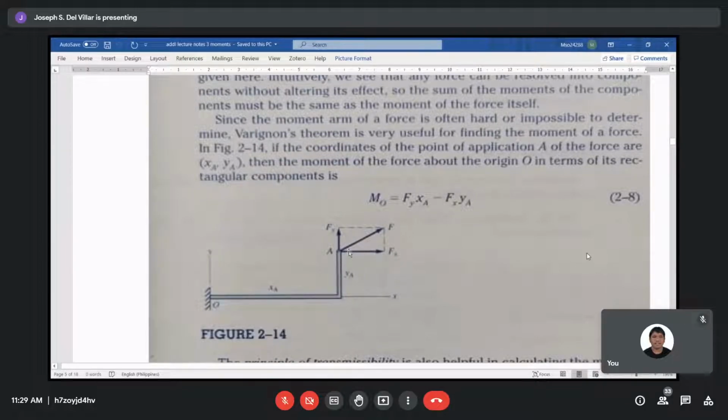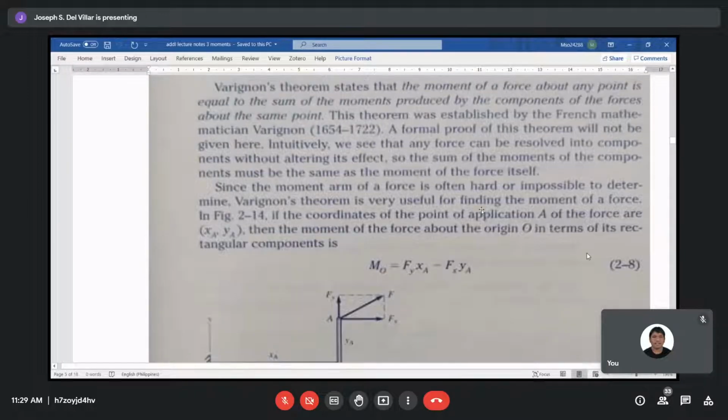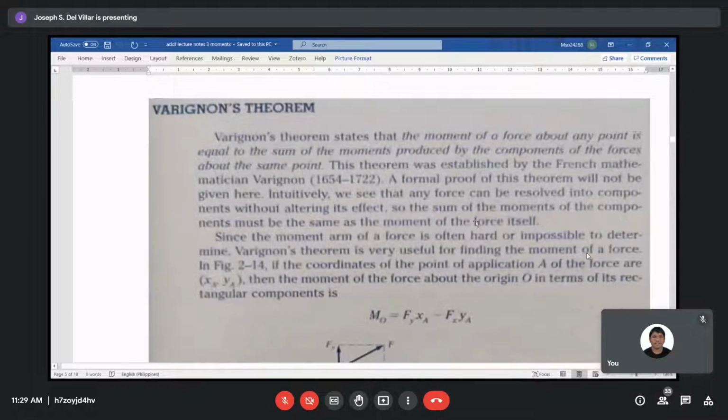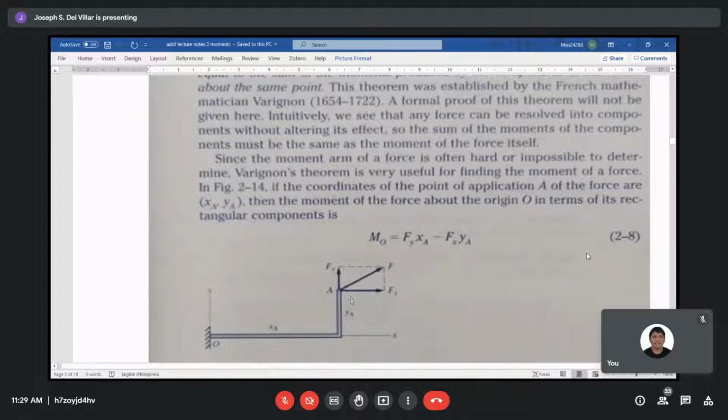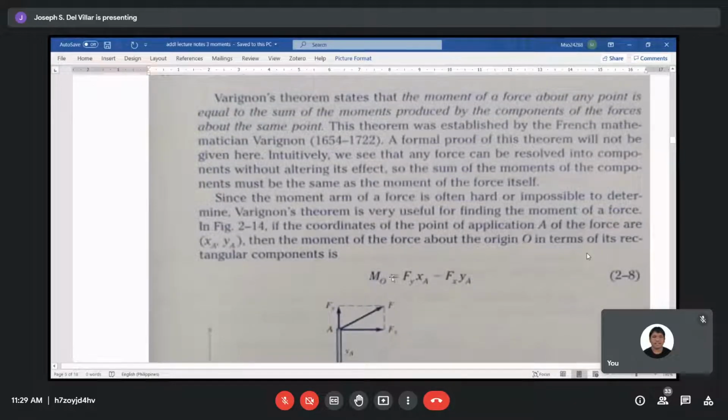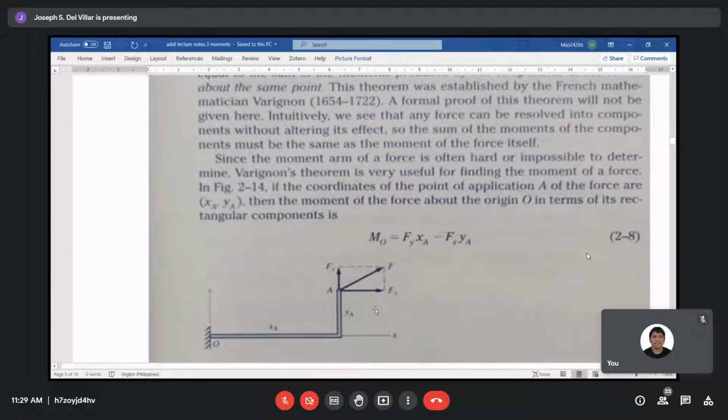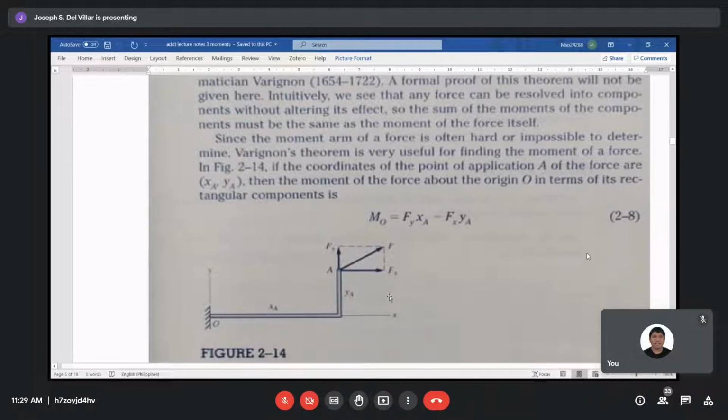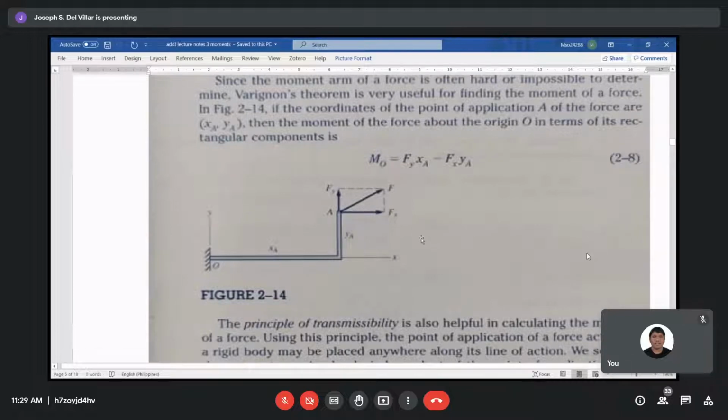Using Varignon's theorem, yung moment nitong single force must be equal to the sum of the moments ng component niya. So if we resolve this force into Fx and Fy, then we sum up the moments of these components.